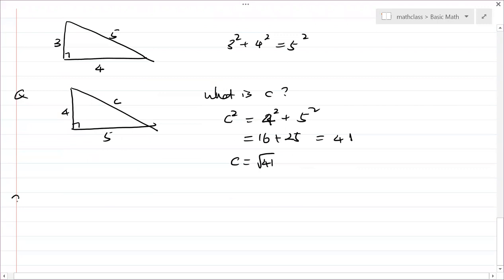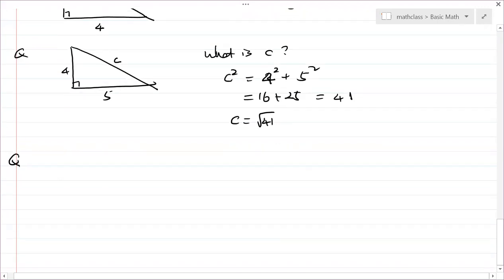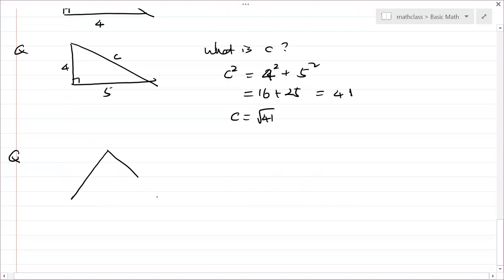Right, so here's a challenging problem. You have an equilateral triangle. All sides are equal to 1. What is the area? This is again a 2-step problem because you're not given the height directly.